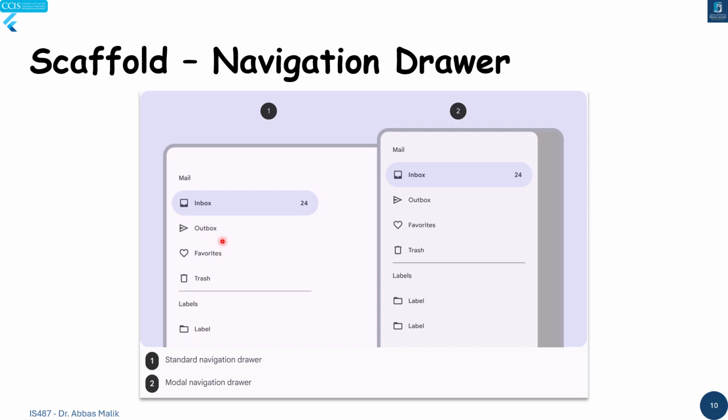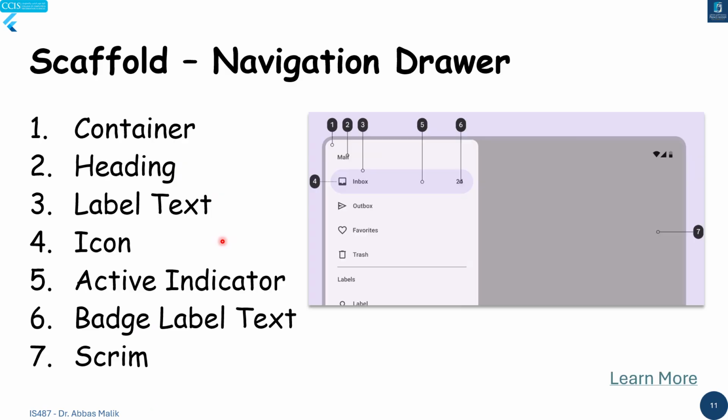Of course, right now I'm giving you the different structures which are present in the scaffold, and we can use all of them or some of them, depending on our requirement. Then we have the structure of that one. Of course, the whole thing is contained in a container. Then we have the heading, the label text, some icon, and an active indicator showing that this specific action is active.